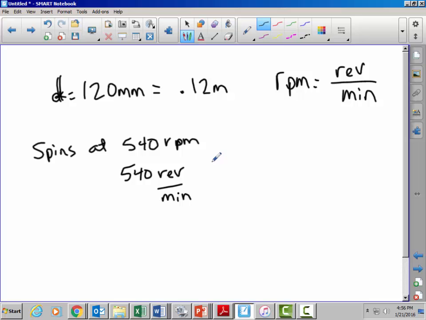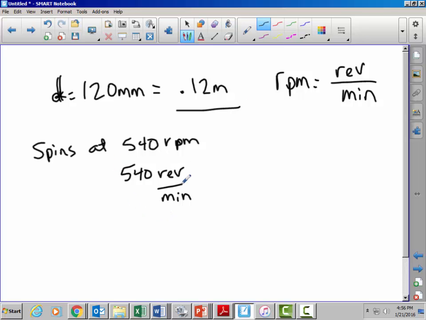So now it's asking us how much time is required for one revolution. First of all, this is a velocity, but it's not a velocity in terms that we can use right now. We have a diameter in meters, and then we have this velocity in revolutions.